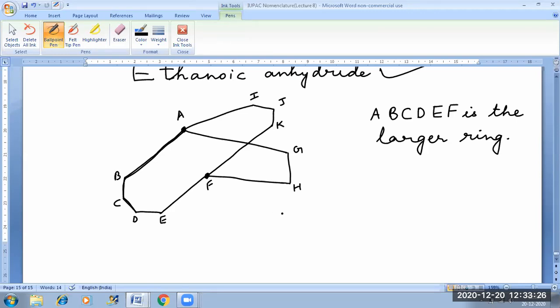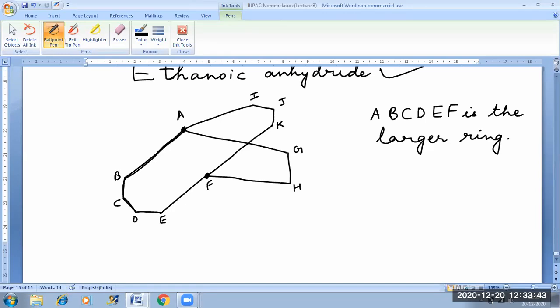EGHF. Which is the smaller ring? Start with the bridgehead carbon atom. Like I started with A, so A is a bridgehead carbon atom.